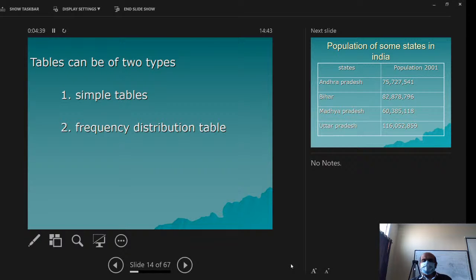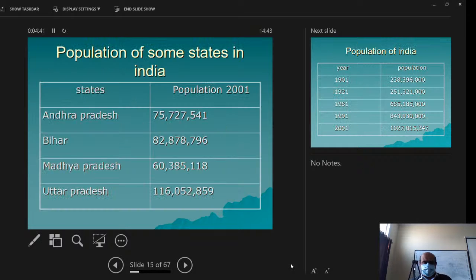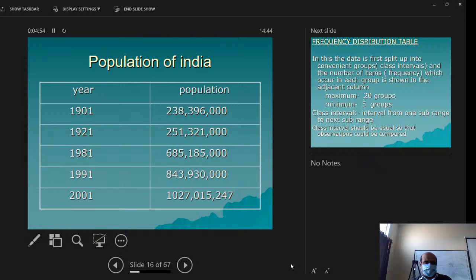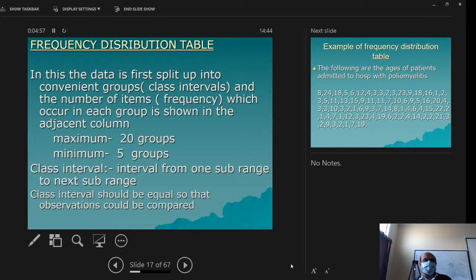Tables can be of two types: simple tables and frequency distribution tables. Population of some states in India is one example of a table. In a frequency distribution table, the data is first split into convenient groups, and the number of items which occur in each group is shown in the adjacent columns.